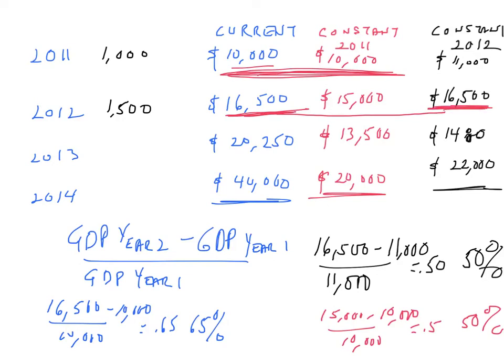If we wanted to include pizza ovens in this example, no problem. When we're calculating these numbers, we would just add in the quantity of pizza ovens and multiply that by the price of the pizza ovens in each year, and just add that to the nominal GDP that's there to get the nominal GDP for that year. And then when calculating the real GDP, we would do it exactly the same way.